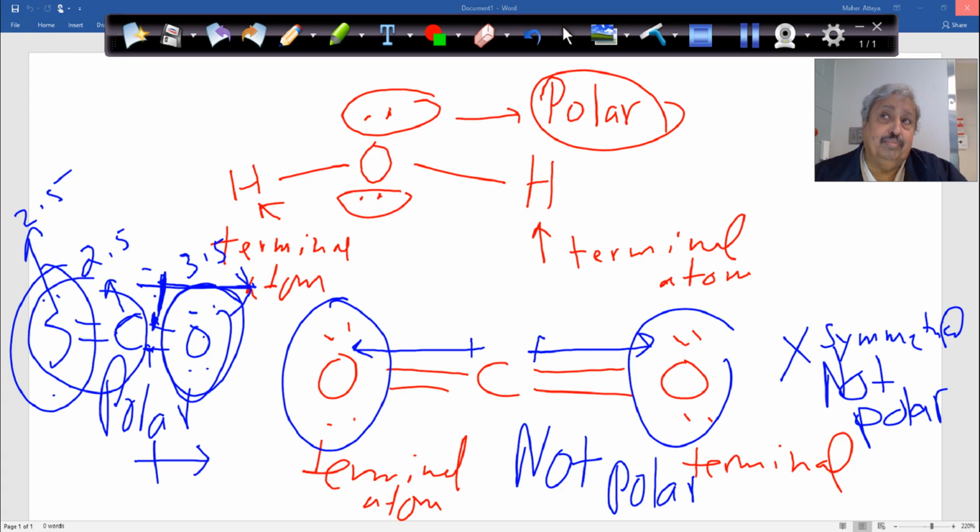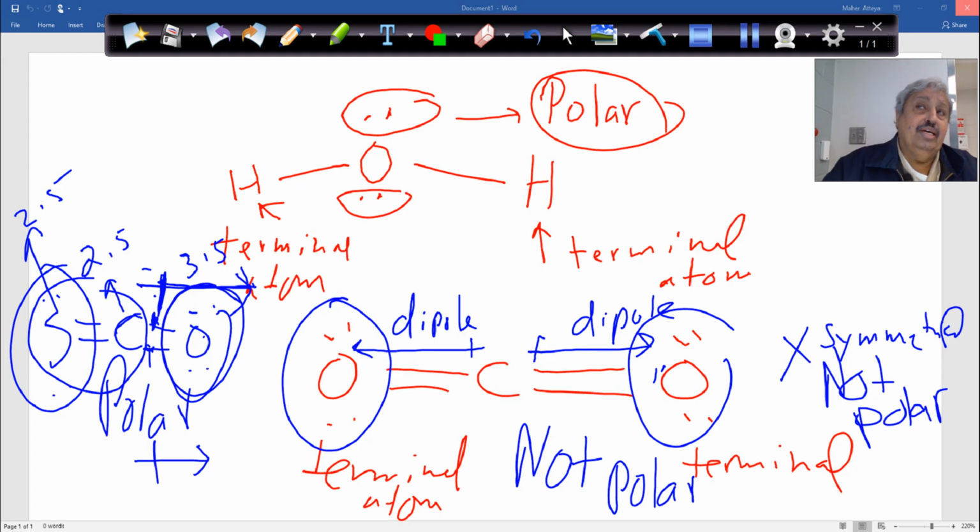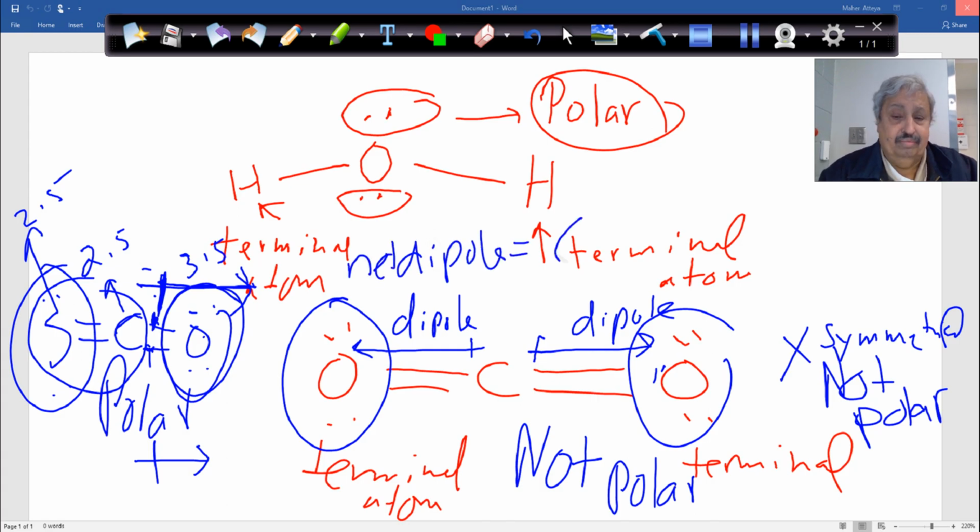Those identical dipoles give you the direction of the pulling of the valence electrons of the central atom towards the more electronegative atom, with the same values but different direction. So they cancel themselves out. The net dipole here, the net difference in electronegativity, is 0.